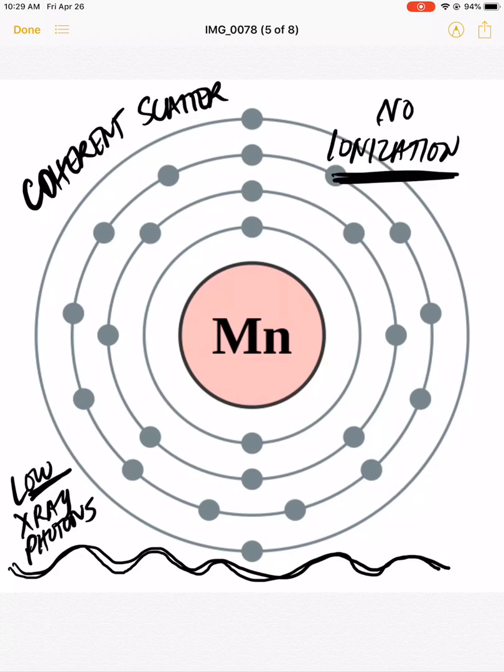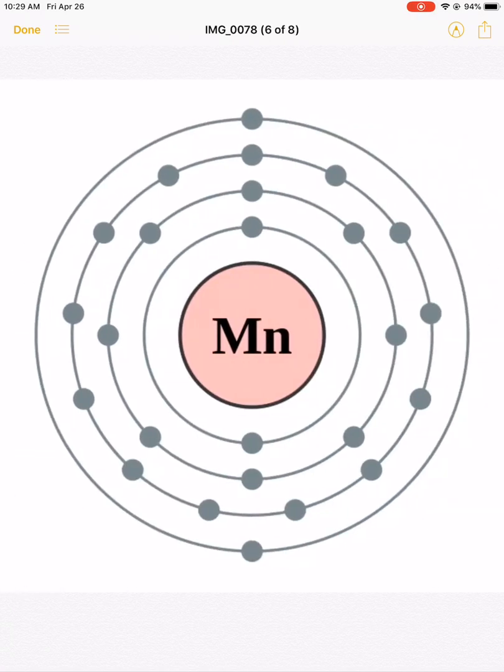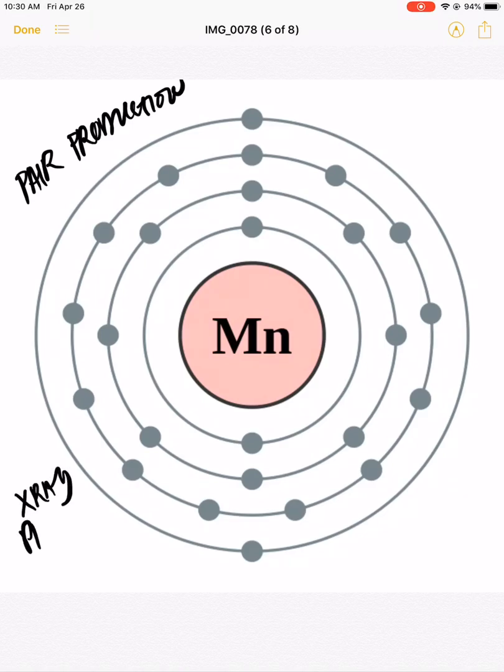Now we're going to talk about the therapeutic interactions. The first one is pair production. So what happens with pair production is you're going to have a high energy photon, at least 1.02.